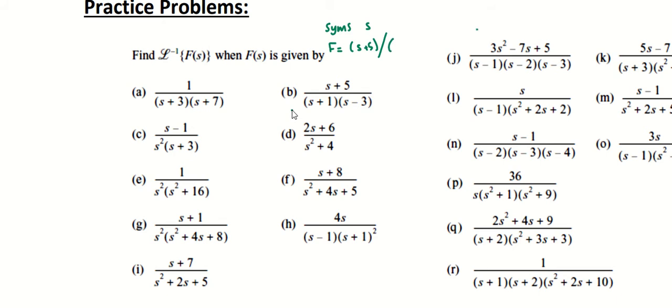And the denominator will be S plus 1 in a bracket, S minus 3 in the second bracket, and between them is multiplication. Then ILaplace of capital F. So we will write it now.